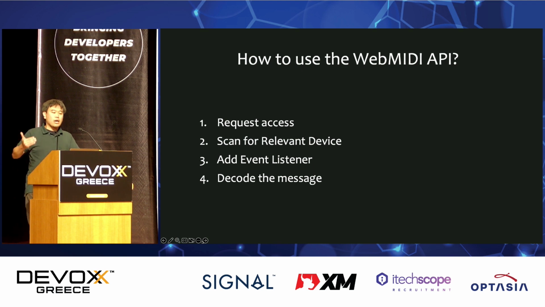There is a webMIDI API, and there are 4 steps in order to connect to a MIDI device using the browser. One, you request the access, then you scan the relevant device, add the event listener, and then start decoding messages.